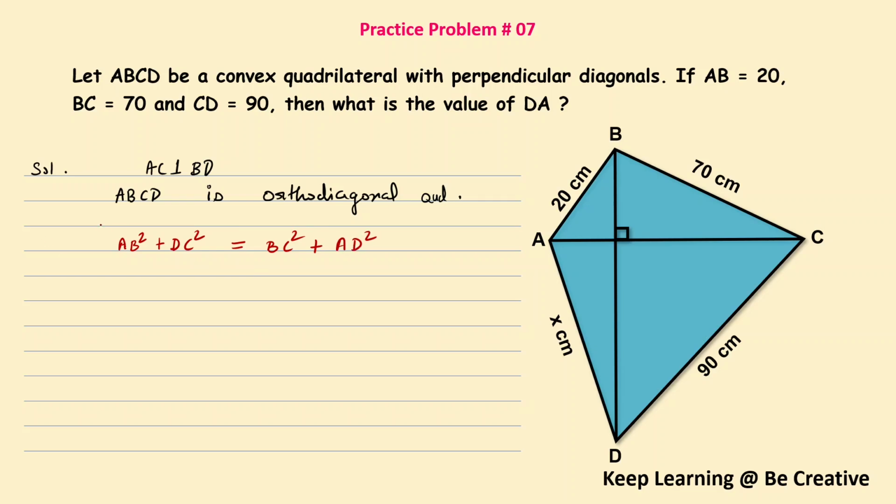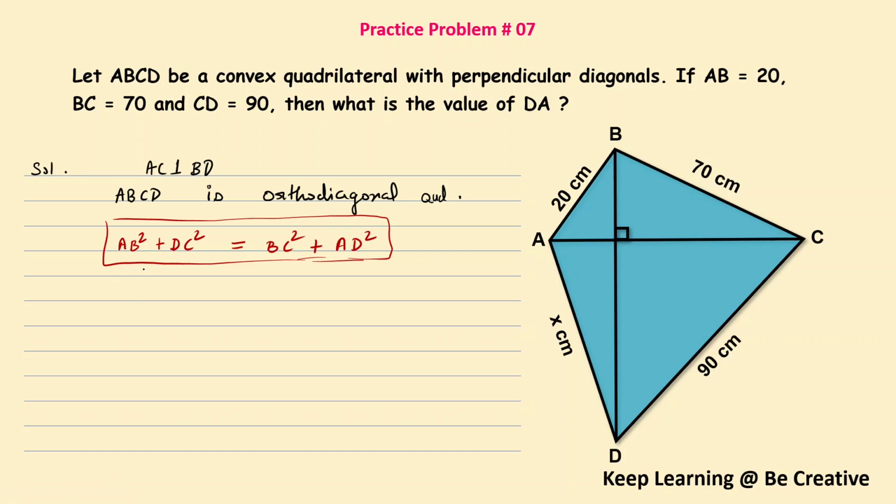This is the property you have to remember for an orthodiagonal quadrilateral. It is very easy to solve if you remember this property. Otherwise, you can use the Pythagoras theorem to calculate the answer.